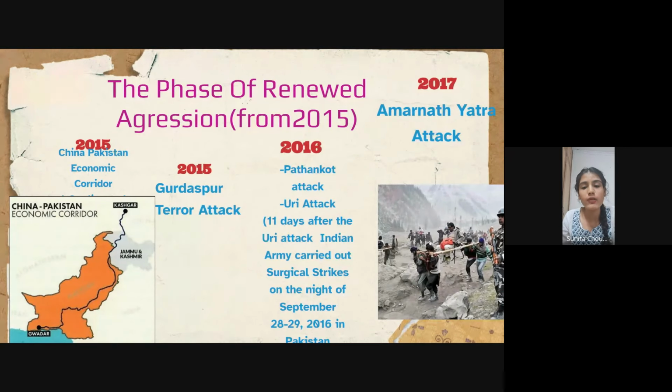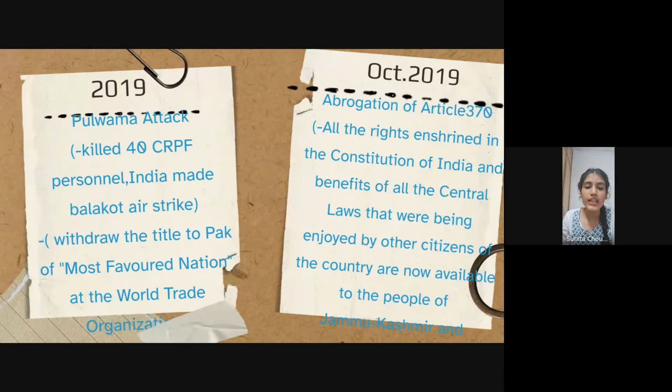Then another attack was the Amarnath Yatra attack in 2017. And in 2019, the Pulwama attack happened. In this, 40 CRPF personnel were killed by the Pakistani army. And India made the Balakot airstrike as a result.